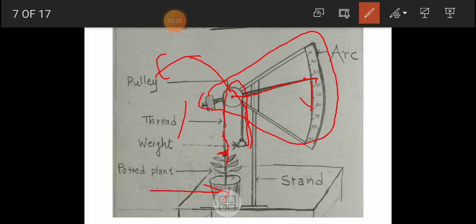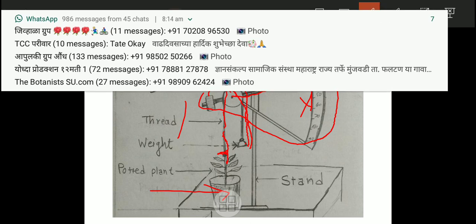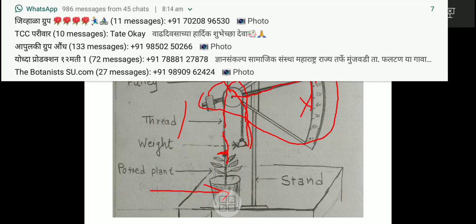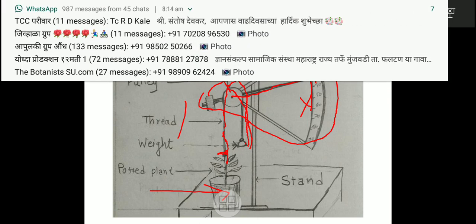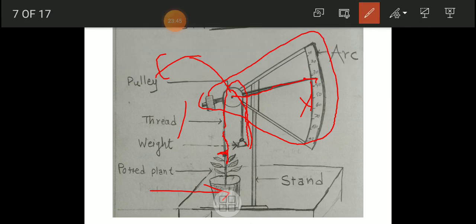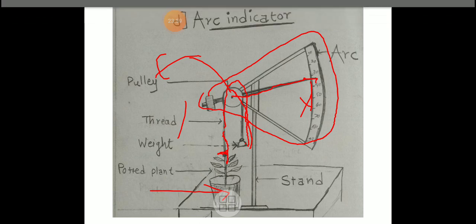This pointer moves over the graduated scale, and from that scale we will find out the growth rate of the plant. So this is a very simple experiment. Although it is time consuming, we can get an idea about how to measure the growth rate of the plant with the help of an arc indicator. If you have any difficulty about this, you can ask me.